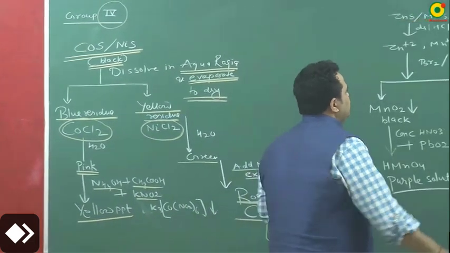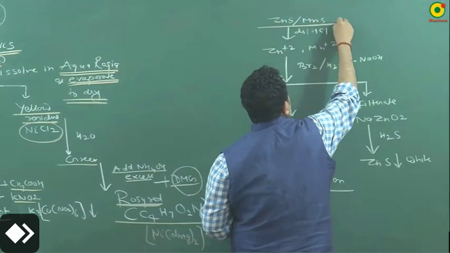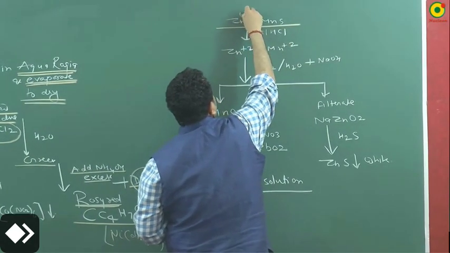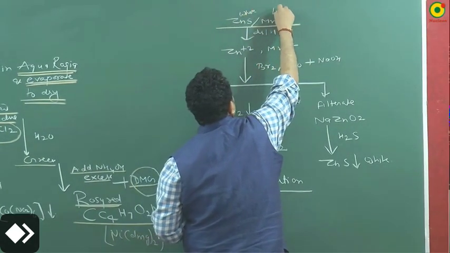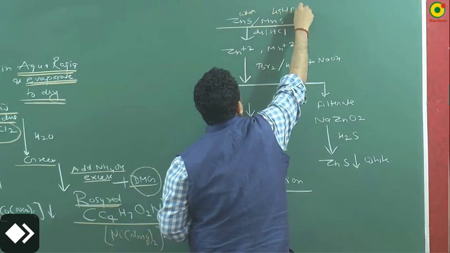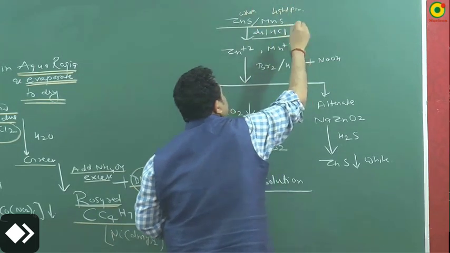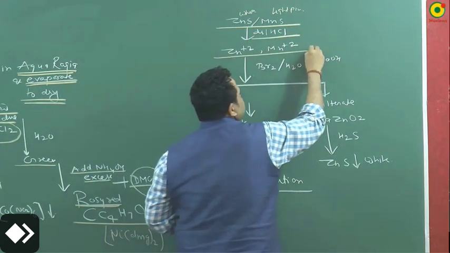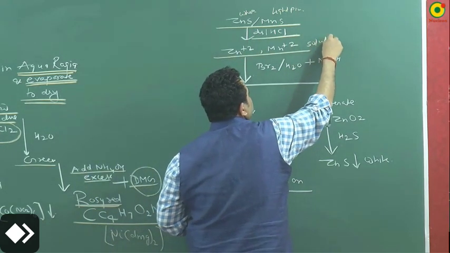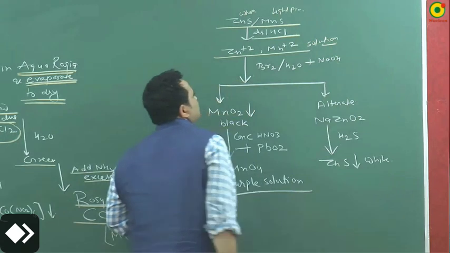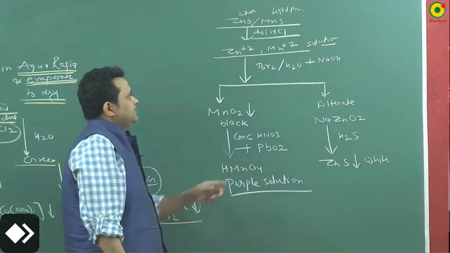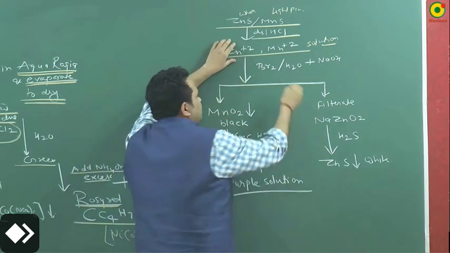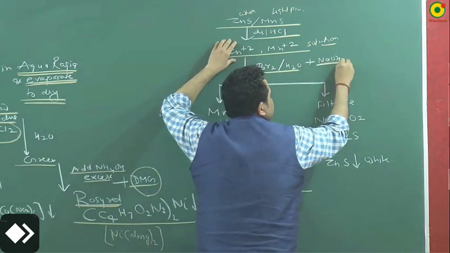Now the remaining 2 precipitates were ZnS and MnS. It was white and it was light pink. When we dissolve these 2 precipitates in dilute HCl, they readily dissolve to form Zn+2 or Mn+2 solution. The next step, in this solution we will add bromine water in presence of NH4OH.